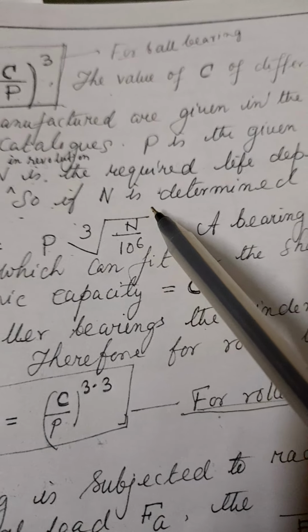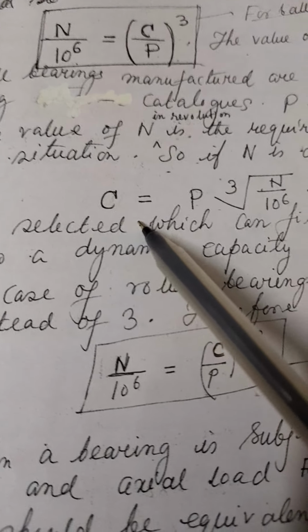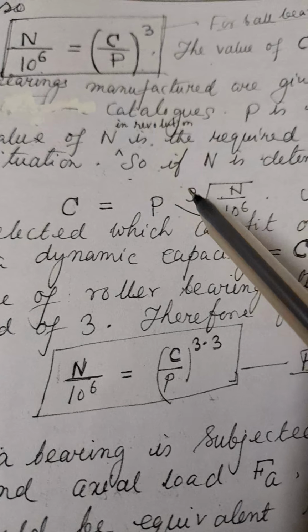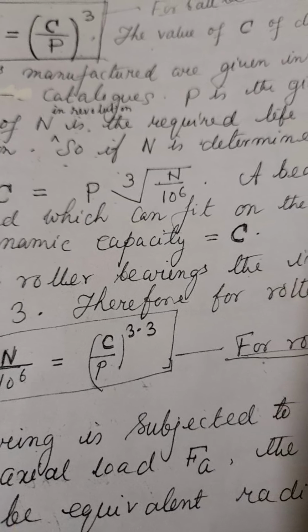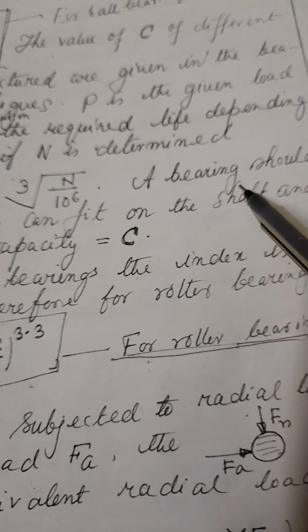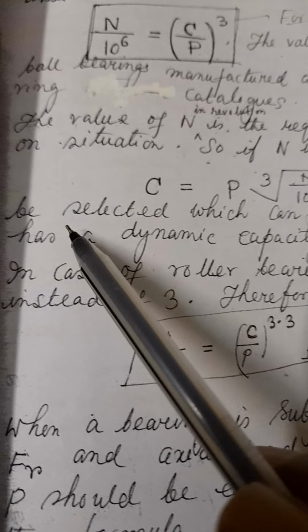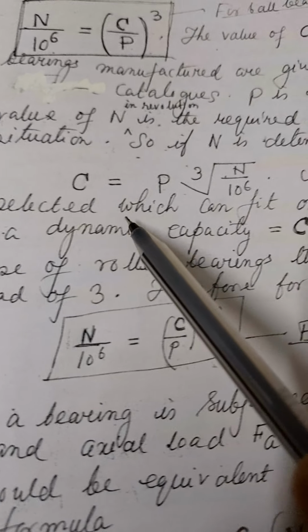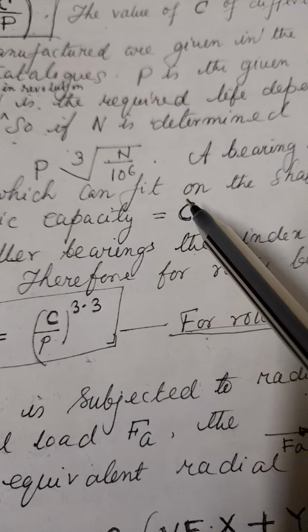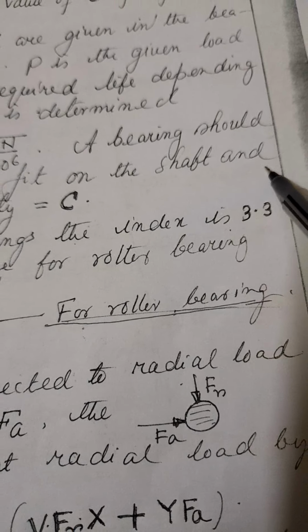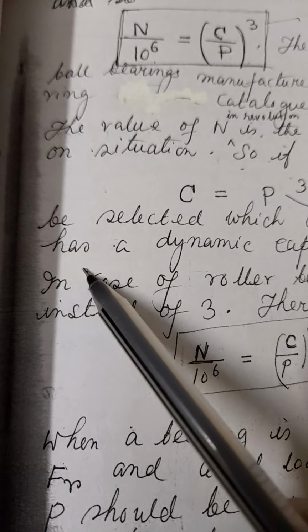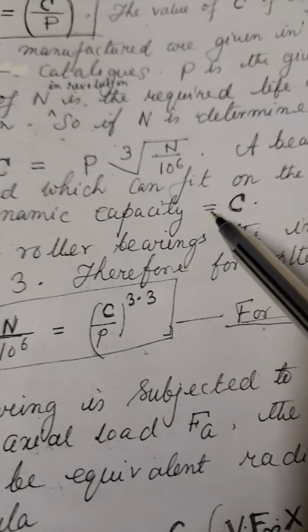So, if N is determined, then C is equal to this one. From here it is this. A bearing should be selected which can fit on the shaft and has a dynamic capacity C.